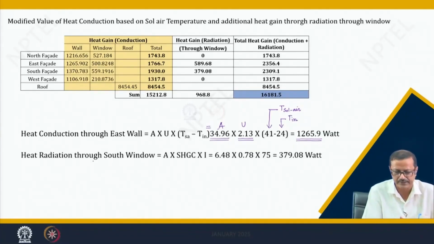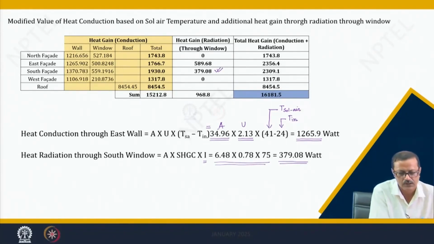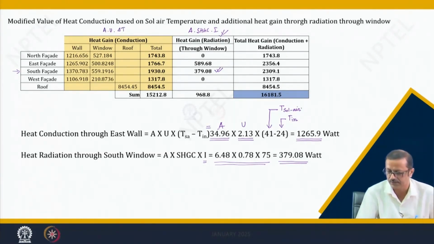Similarly, heat radiation through the south window will be the SHGC into I. So, the SHGC factor has to be taken into account. This is 397, the south facade, and this is through radiation. So, this is your A into SHGC into I, and this is your heat conduction, that is your A into U into del T, and this del T is the difference between them.